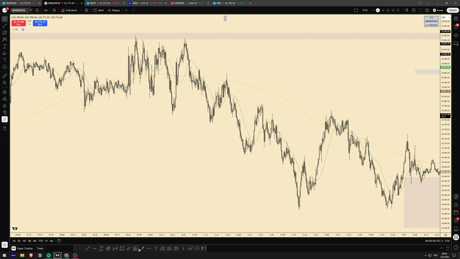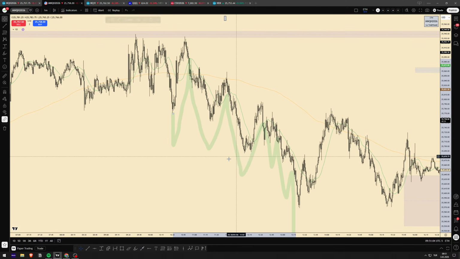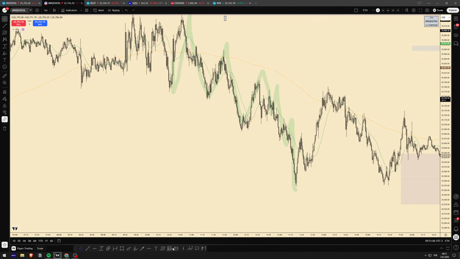I mean, this is a directional price action, okay? But also, this is a directional price action either, okay?